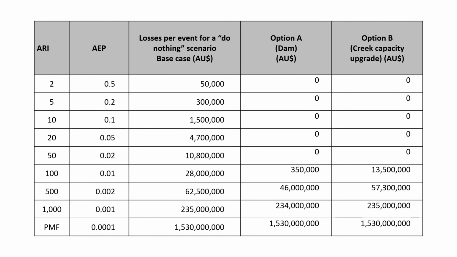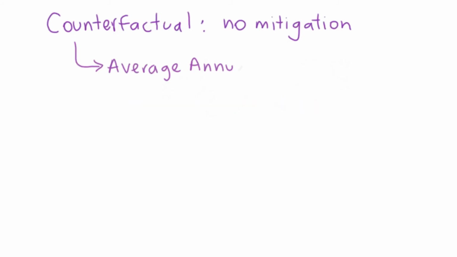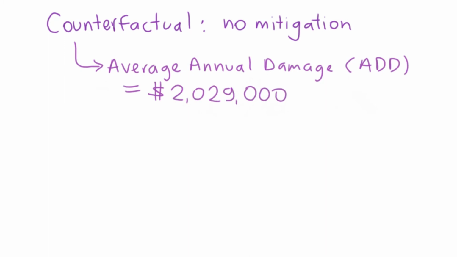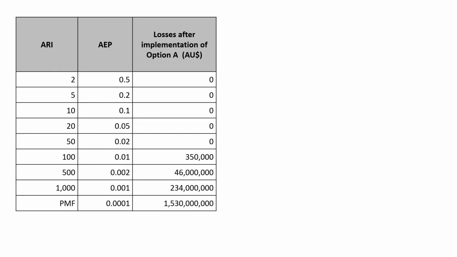Now, let's calculate the average annual damage for option A and option B. I'll use a trapezoidal sums method so that we can revise the method. We already have the result for the base case scenario, which is 2,029,000. Now, let's do the same for the two mitigation options. The only thing that has changed between the base case, which is a do-nothing scenario, and the implementation of the mitigation options is the level of damage.